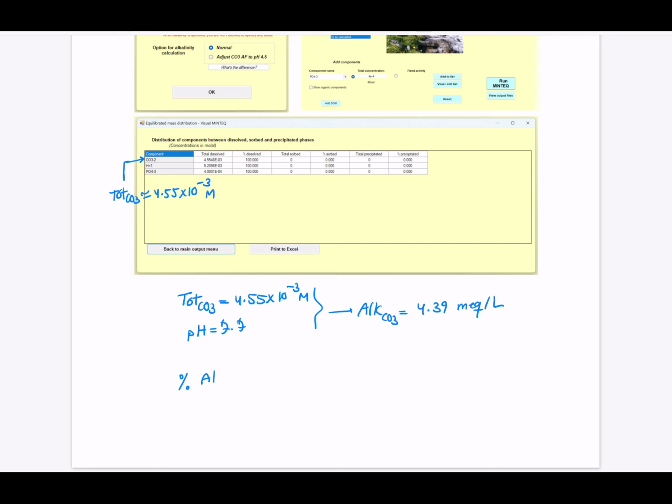The contribution due to CO3 would be 4.39 over 4.70, which is 0.93. For the phosphate system, this would be 4.70 minus 4.39 divided by 4.70, which is 0.07. So this means 93%, and this means 7%.